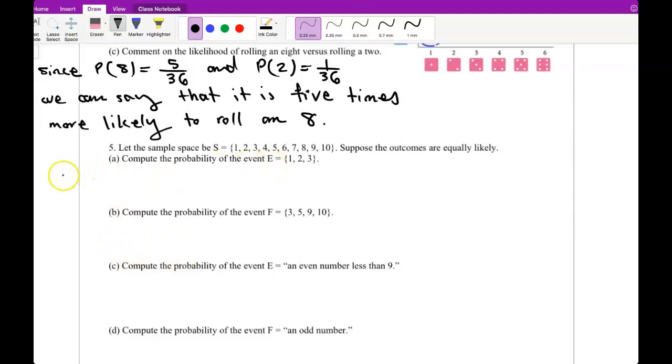So what this actually means is to find the probability of selecting 1 or 2 or 3.